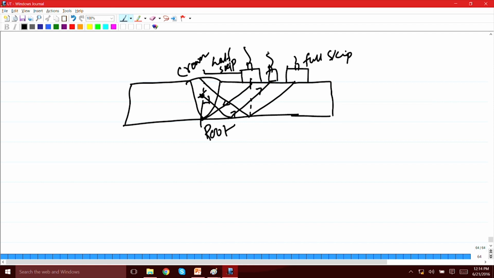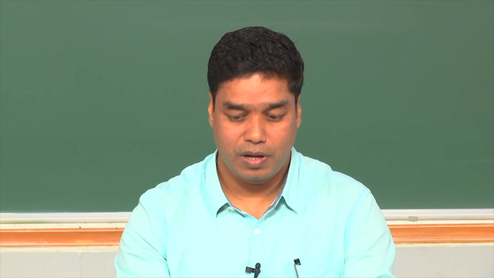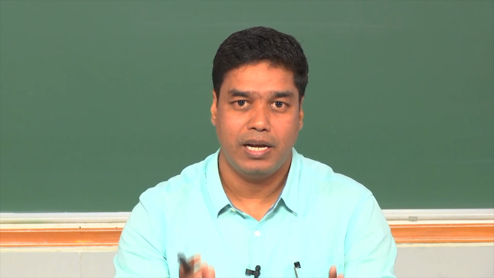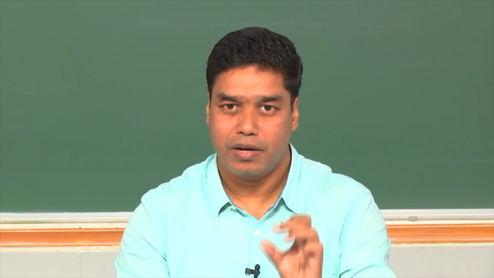Okay. So, that is why in this case first of all the reference is the half skip, and you need to move the probe from half skip to full skip, so that you can cover the entire weld from the root to the crown. Okay.